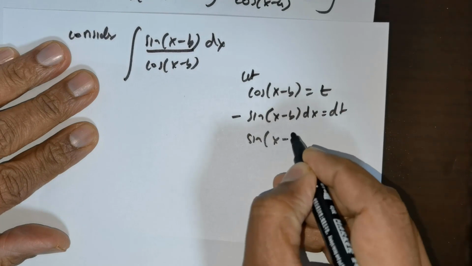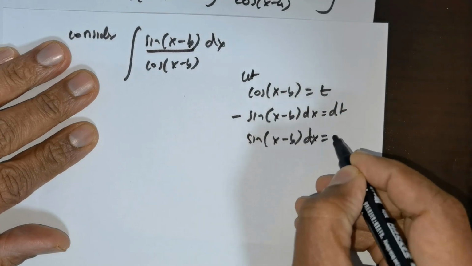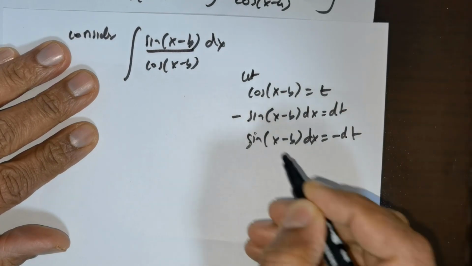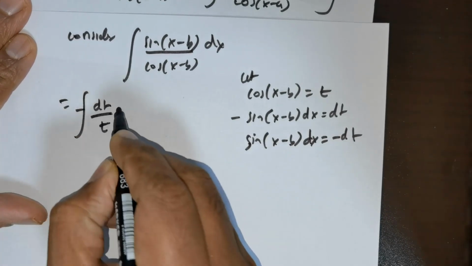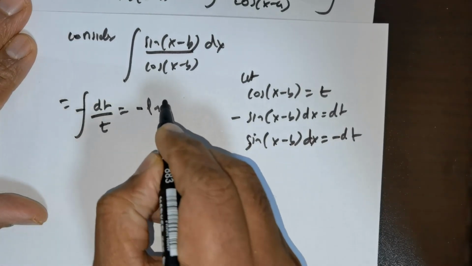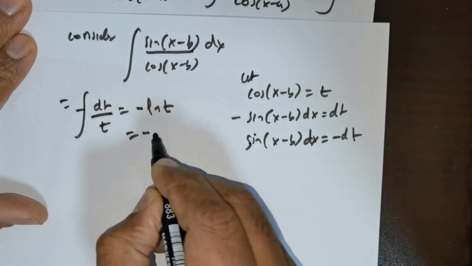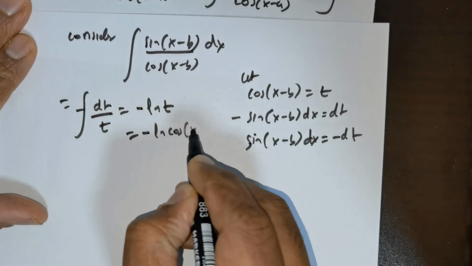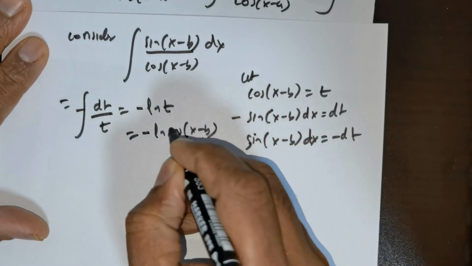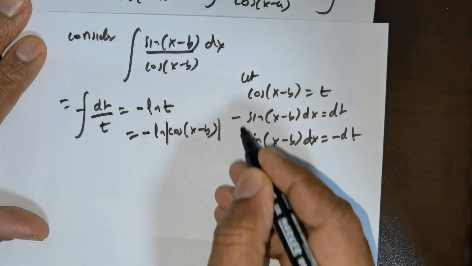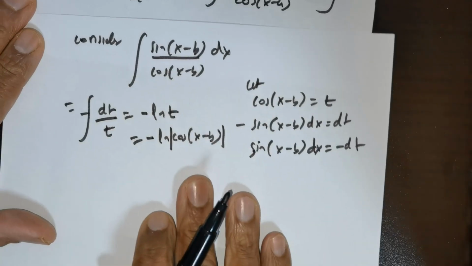So sine(x − b) dx is equal to negative dt. So this is negative dt divided by t, which is negative ln t, which is going to be negative ln of cos(x − b). Now you can just place the modulus. I'm not going to place the arbitrary constant now.